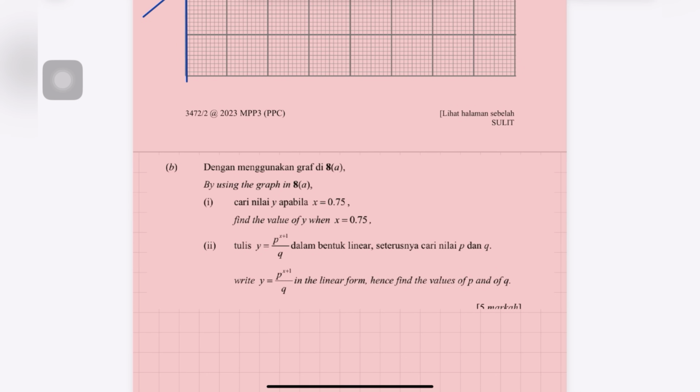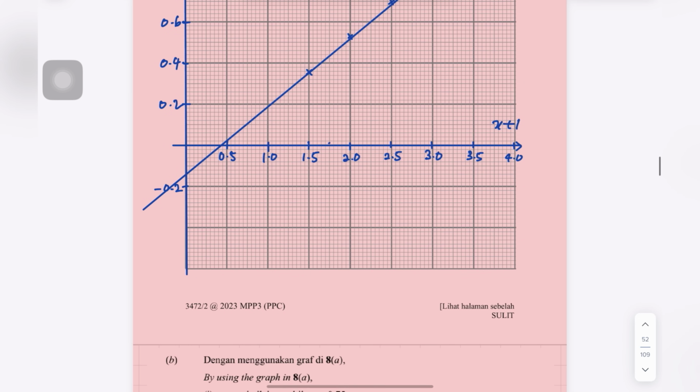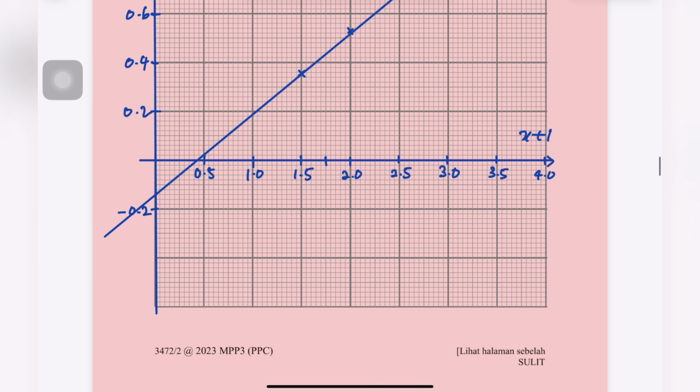Okay, to answer question B, by using the graph in 8a, Roman 1, find the value of y when x equals 0.75. So 0.75 is right here. So we can find the y. I think you have to use a ruler.